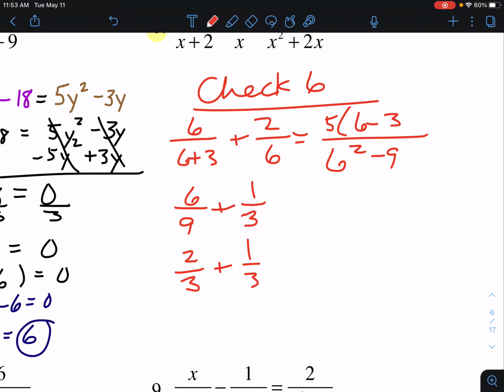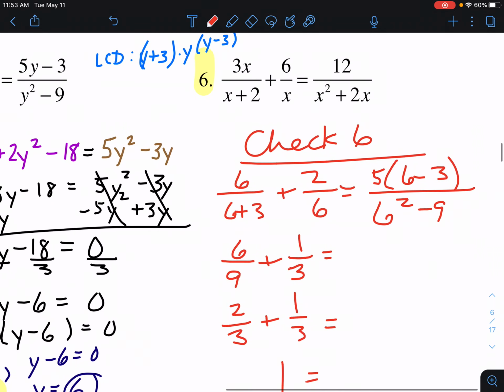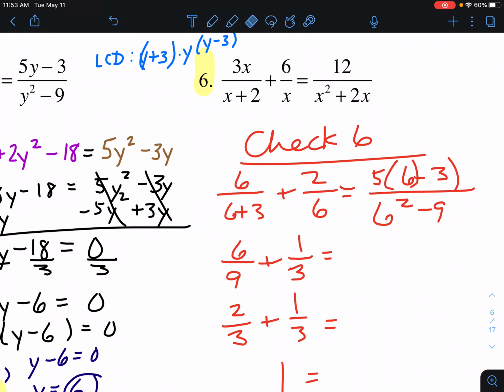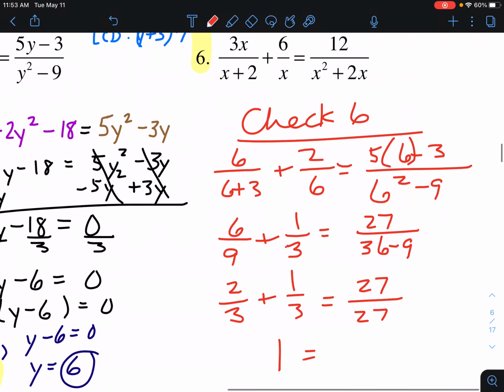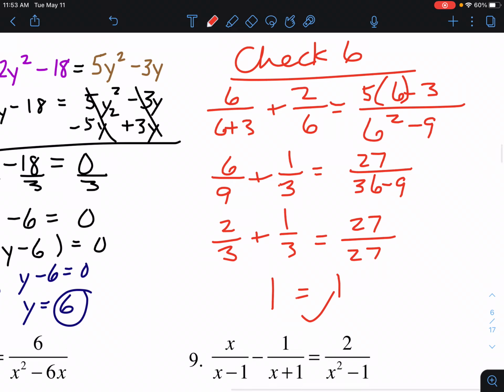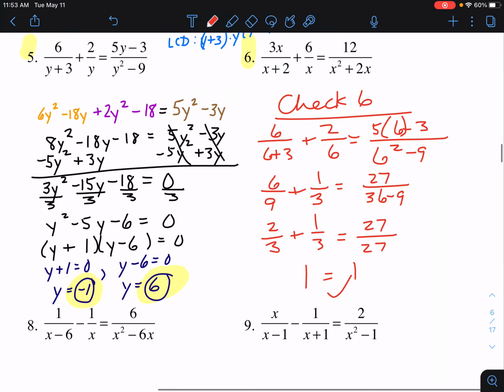Add them and you get 3/3, which is 1. All right, on the right, 5 times 6 is 30, -3 is 27. And then on the bottom, 6 squared is 36, minus 9 is 27, and this does check out also, so both of these are answers. Remember, if you were to have one that doesn't check out, you would have to cross it out, and then it's called an extraneous solution.